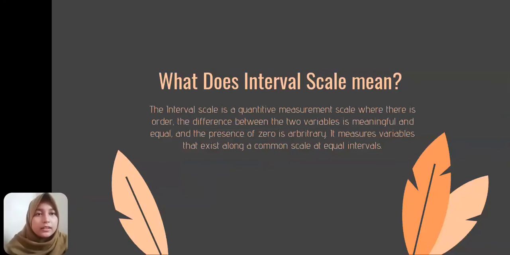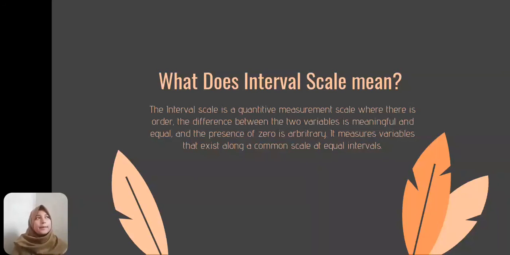Meanwhile, the interval scale is a quantitative measurement scale where there is order. The difference between the two variables is meaningful and equal, and the presence of zero is arbitrary. It measures variables that exist along a common scale at equal intervals.